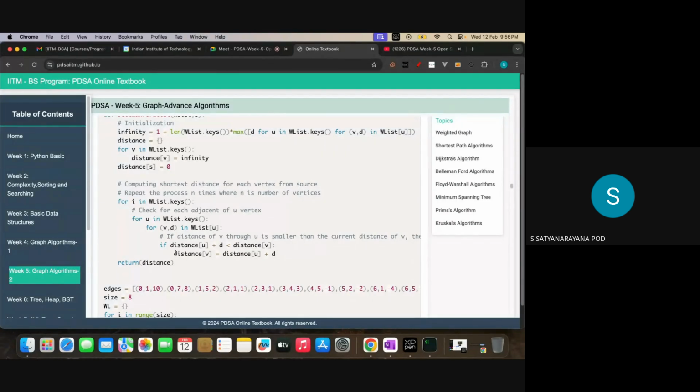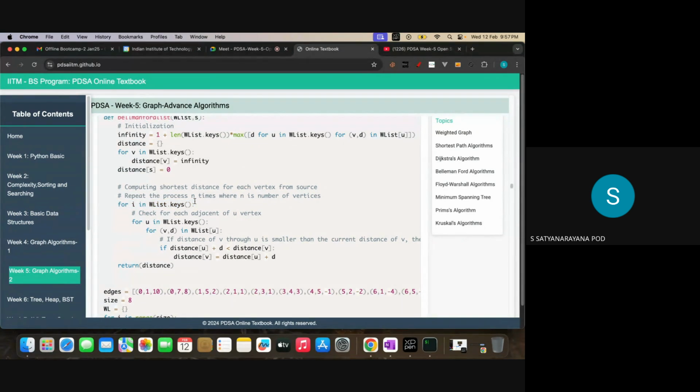But here there is an additional outer loop, because every time you need to rerun all edges, all calculations. In Dijkstra's algorithm, only 2 loops are available. But in Bellman Ford, we are running one more outer loop. So then what is the complexity of this?